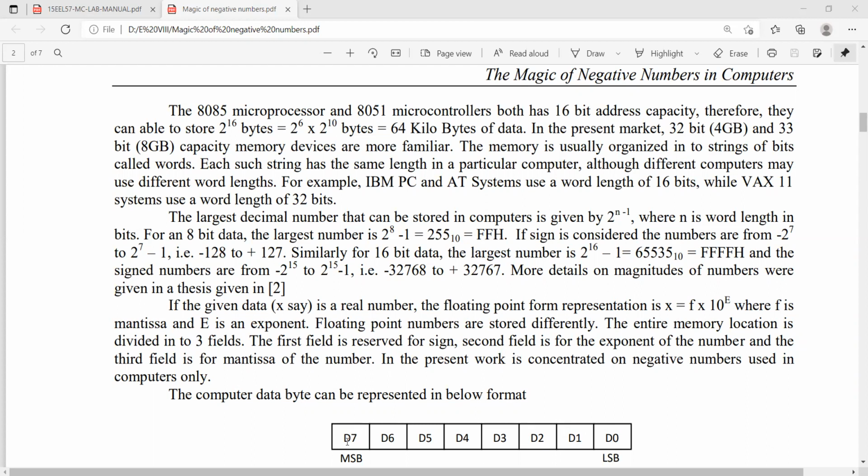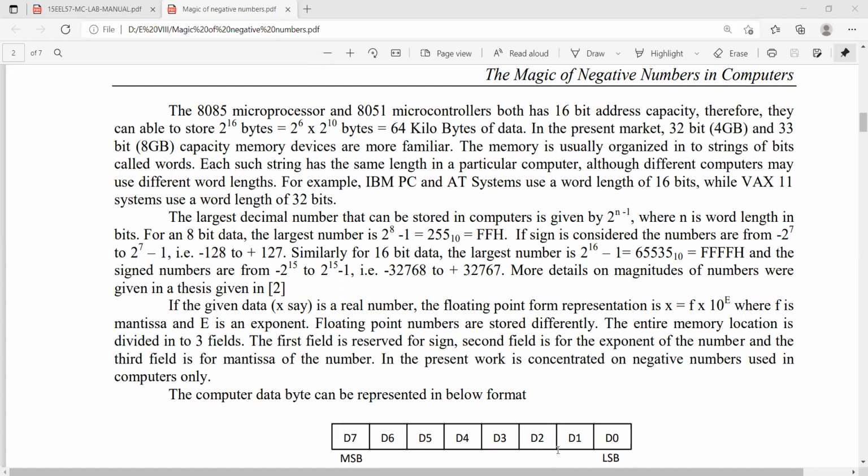Suppose this bit is represented as a sign. Then 00 up to all 3 bits high and all these 4 bits high, that is 3 bits means 7, and here it is F, so 7F.